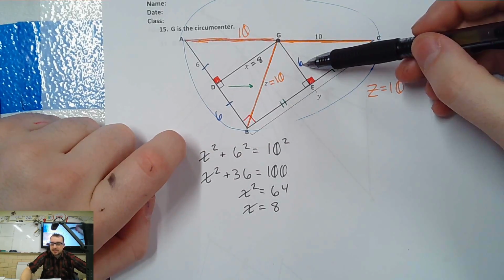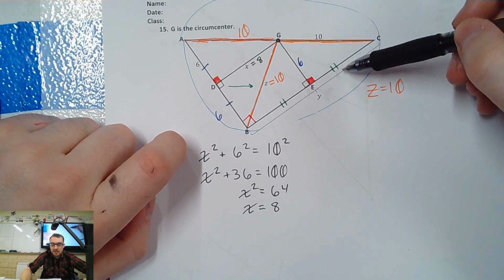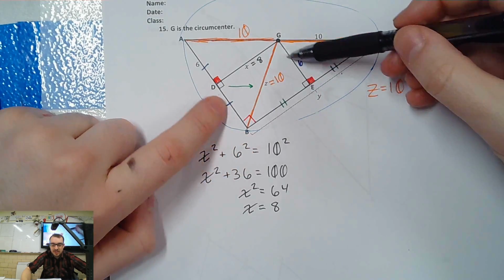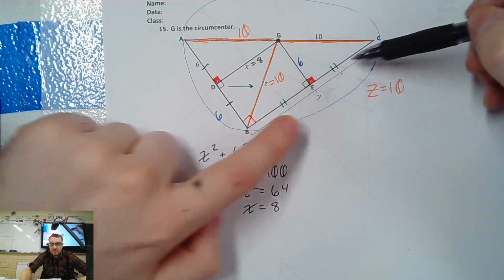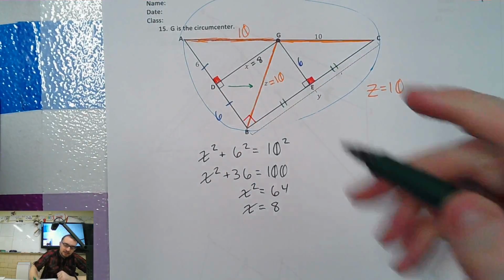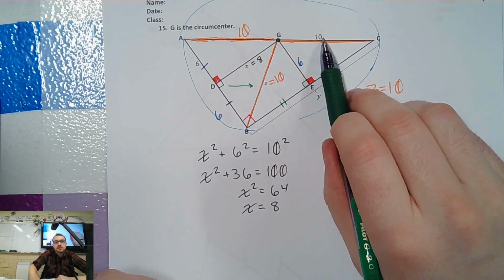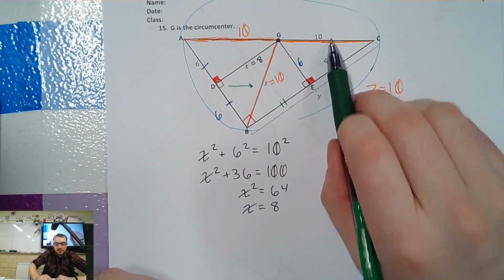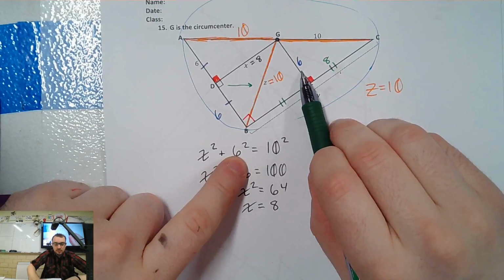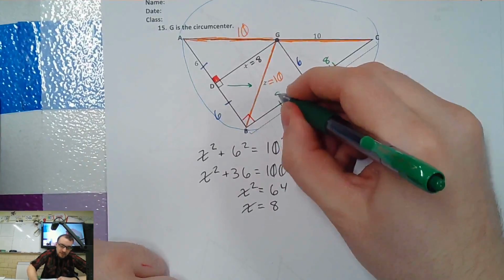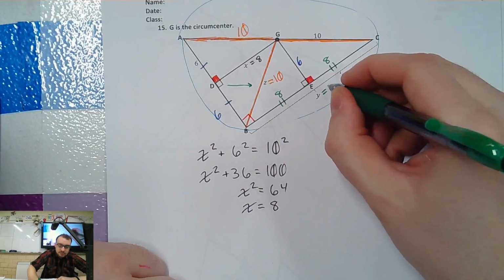So if that's 6 and that's 10, what does this have to be? 8. Same idea. That's 8. It's just Pythag again. 6 squared plus we don't know squared equals 10 squared. 10's the hypotenuse, so it goes here. It's going to be 8. So if both of those are 8, what's y going to be? 16.